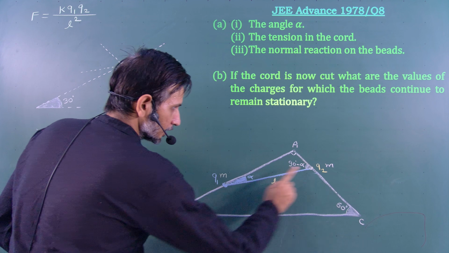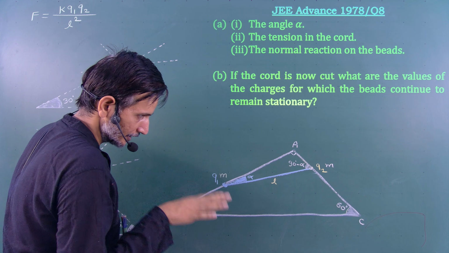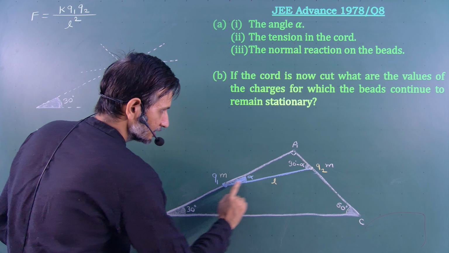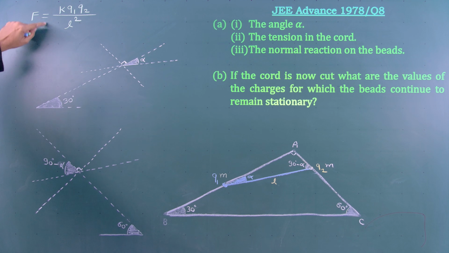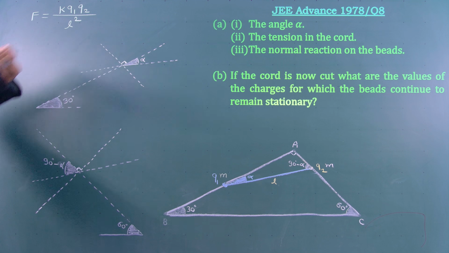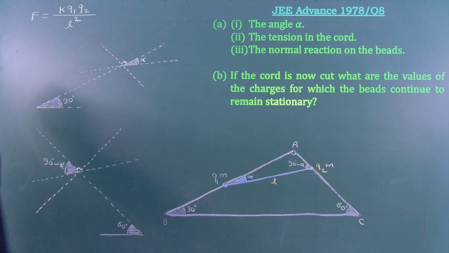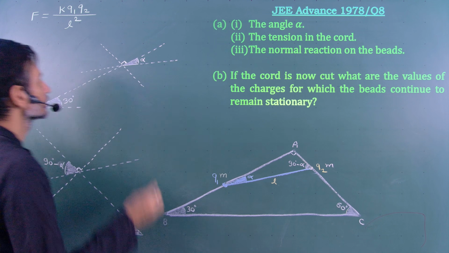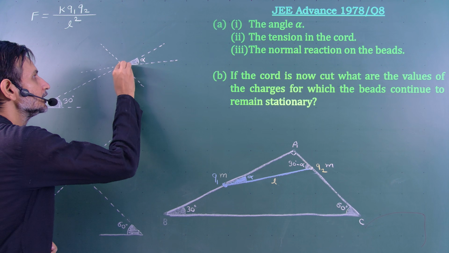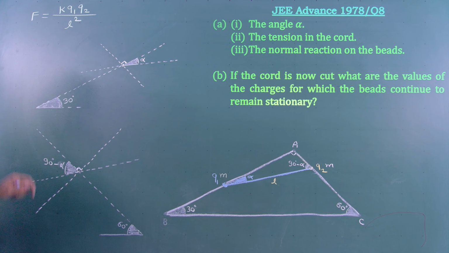This charge Q1 and this charge Q2 are stationary and the distance between them is L. So the electrostatic force F equals K Q1 Q2 by L square. Now we have to make the free body diagram of both charges, Q1 and Q2. So let me denote Q1 at this point.